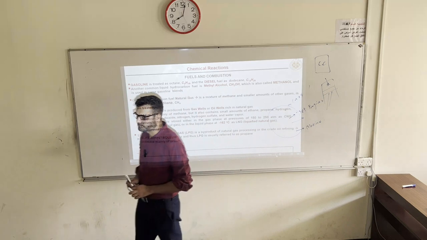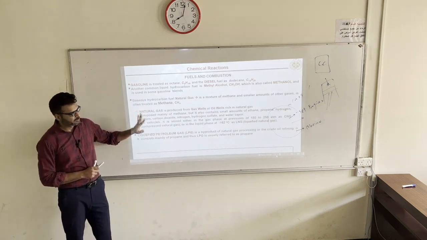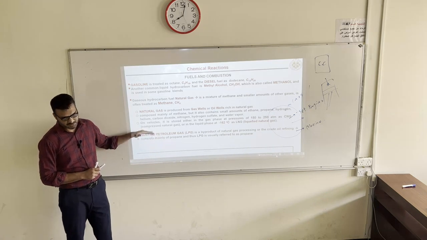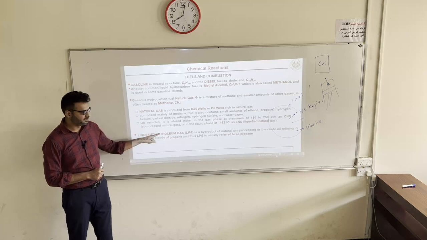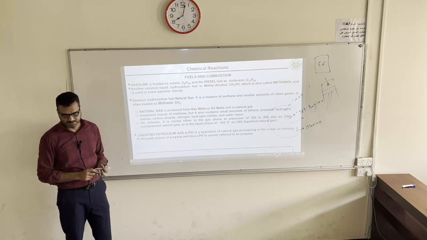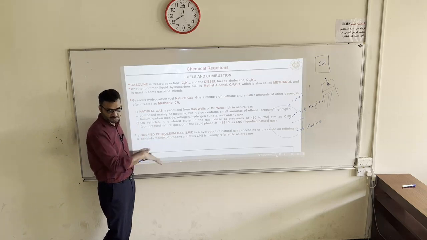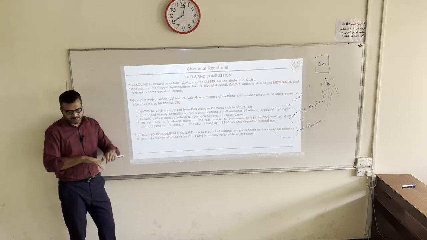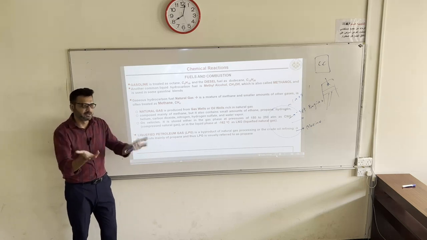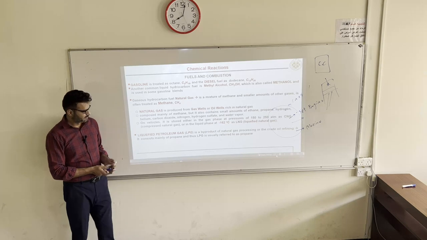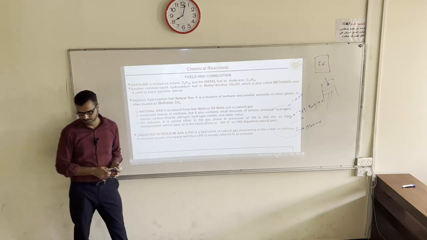This gas is much denser than natural gas, and if you compress it, it converts into liquid. Those LPG cylinders actually hold the LPG in liquid form because it is under pressure. As the pressure is released, when you open the valve, the liquid immediately converts into gas. That's why it is called liquefied petroleum gas, because under compression it is in liquid form.